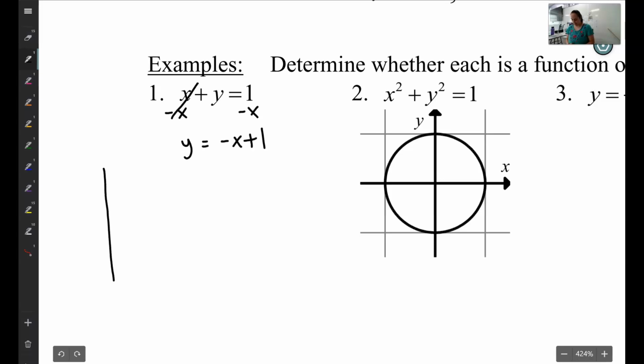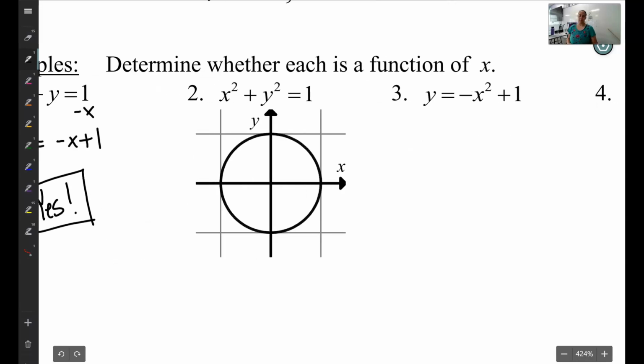Now if I think about this without needing to graph it, you can graph it on your calculator if you want. This is going to be linear with a -1 slope and go through 1 as a y-intercept. So if we think about that vertical line test, I can draw a vertical line anywhere, and it's only going to pass through the graph once, so this would be a function.